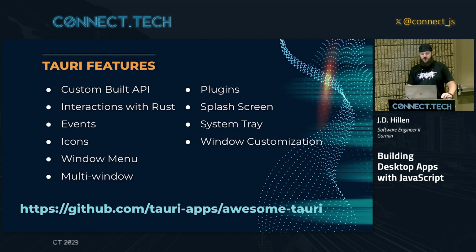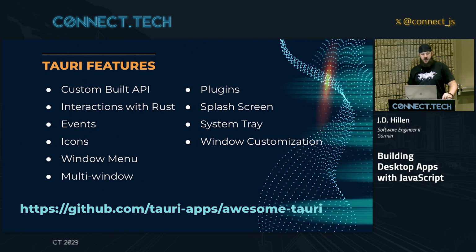So let's talk about some of the Tauri features. Very similar to Electron. It has a wide variety of features, but unfortunately they haven't been around as long as Electron. They don't have necessarily the community that Electron does, so there are some limitations. But for the most part, most of the interactions are all the same.